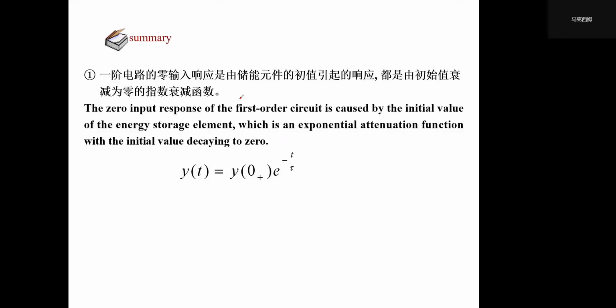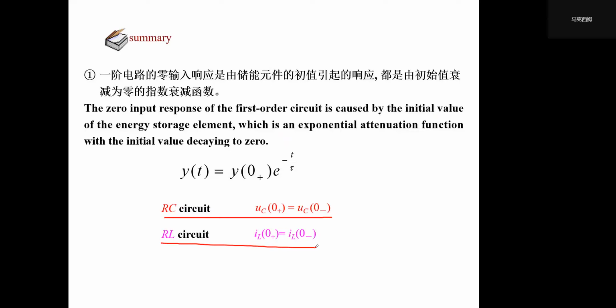It's all a decaying exponential function decaying to zero. For RC circuit, we know that the voltage of the capacitor cannot jump, so we take advantage of this feature. For RL circuit, we know that its current cannot jump, so we take advantage of it.